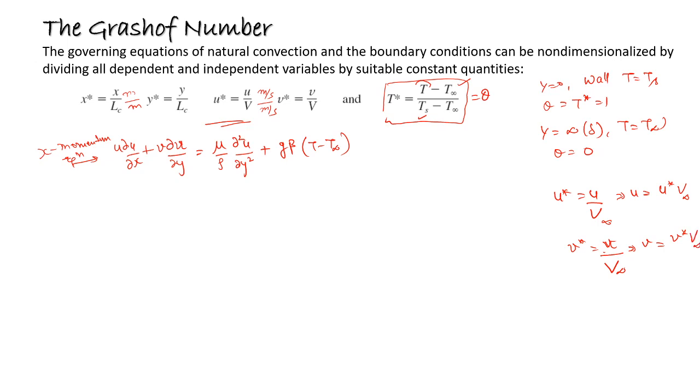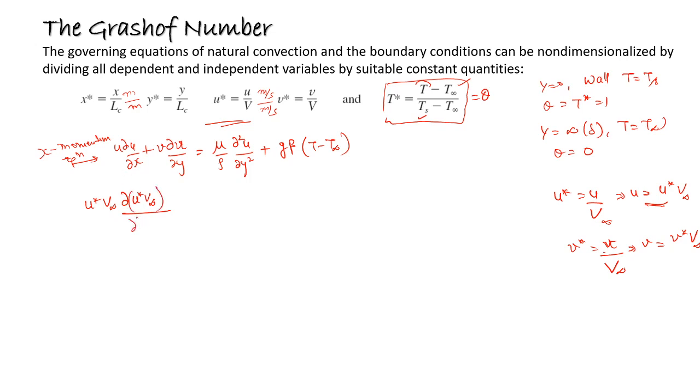So replacing all these terms, in the first term I'm replacing u by this term from here. So we can have u star V infinity times derivative of u star V infinity over derivative of x.